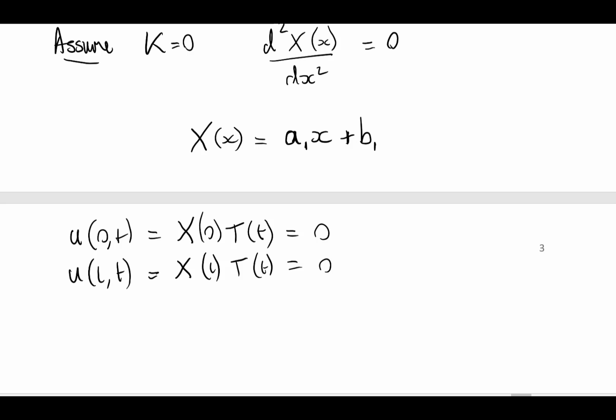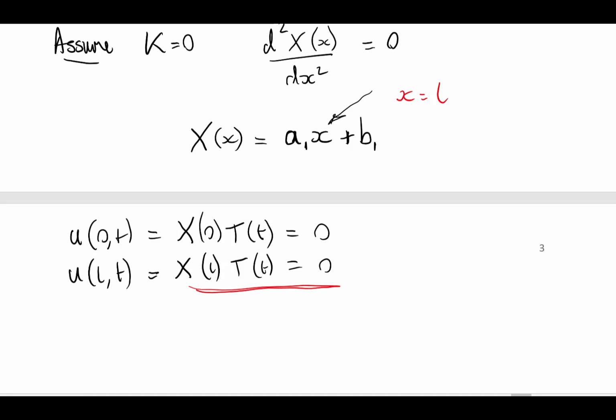So if we try plugging in x equals L, we need X(x) to be equal to 0 when x is equal to L in order for this expression to be 0.